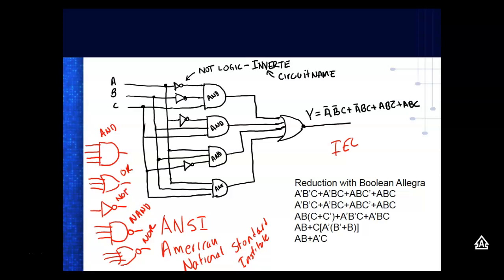So your NANDs and NORs says this says if all these inputs are true, the output goes false, right? Understand? This says if any input goes true, the output goes false. This says if all these inputs are true, the output is true. This says if any input is true, the output is true. So that the circle out there means it goes false, right? If it don't, it means it goes true.